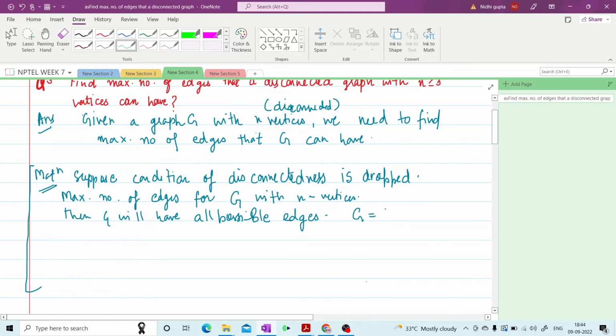That is, G will be equal to Kn, or G will be totally connected. So the complete graph is kind of the best possible connection.